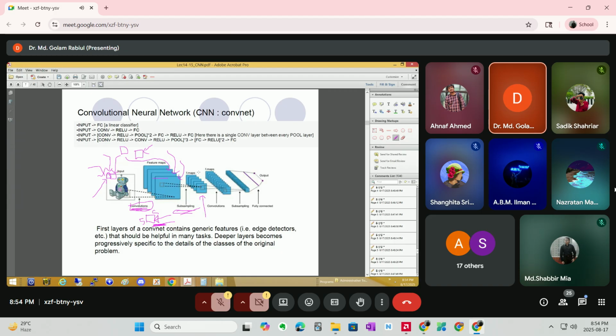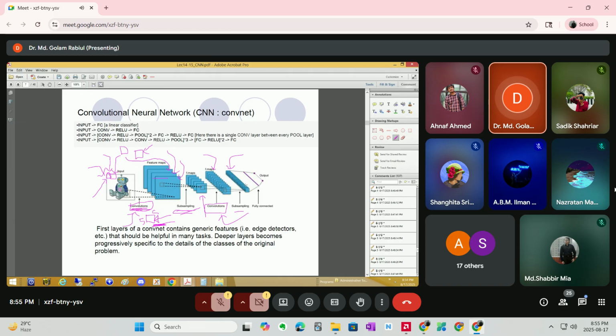After that, again we will apply the convolution operation. This is the layer 2 convolution; this is the first layer convolution, and this is the second layer convolution. Again it will find out the feature maps, and then again we will apply subsampling or pooling. So we will get smaller size feature maps after this convolution.